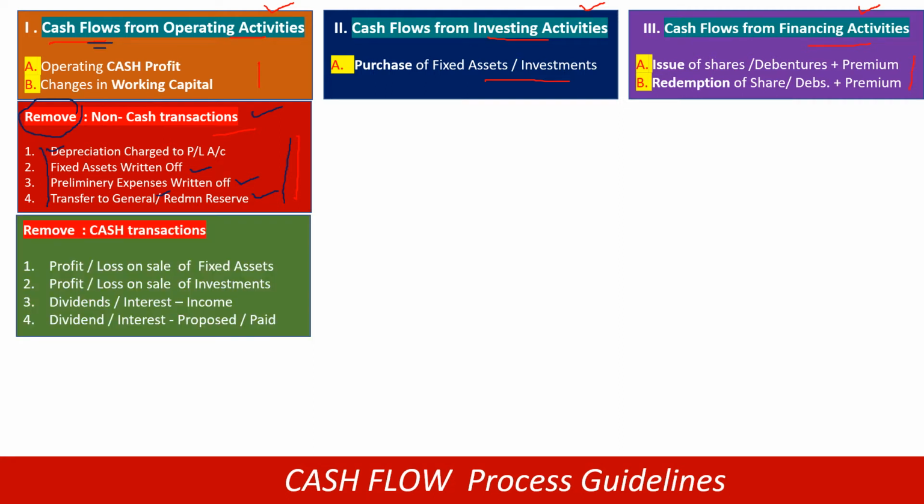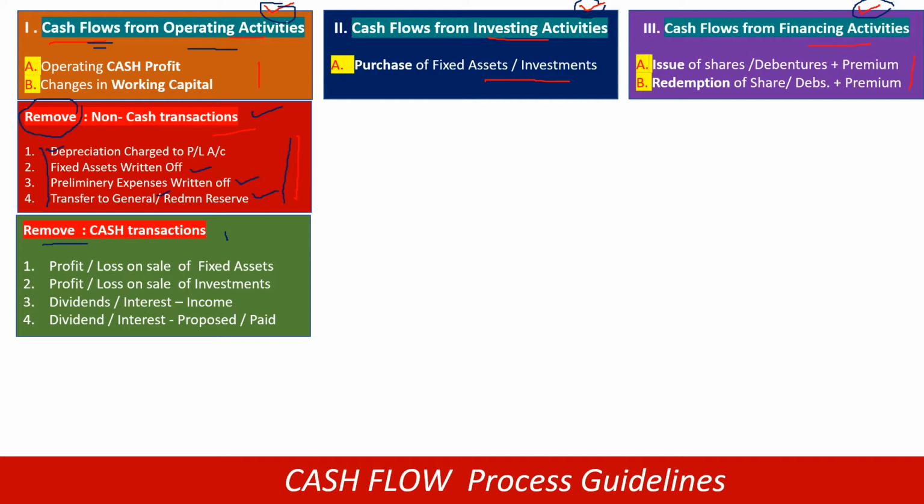What is the second step? Now, once you remove non-cash transactions, you are left with only cash transactions. But what AS3 expects us is, it wants cash transactions to be presented under three separate heads. But our profit and loss account clubs everything together. What we will do now is, in the profit and loss account, we will keep only operating details, and anything pertaining to investing and financing, we will remove.